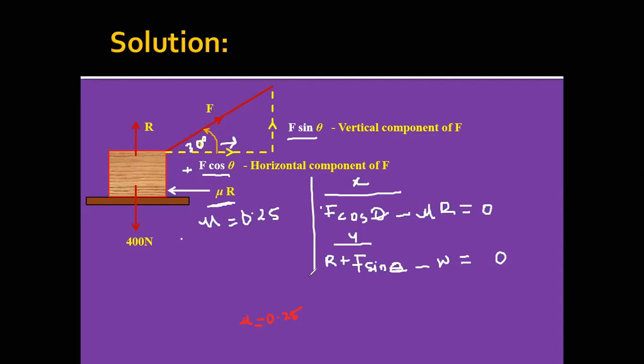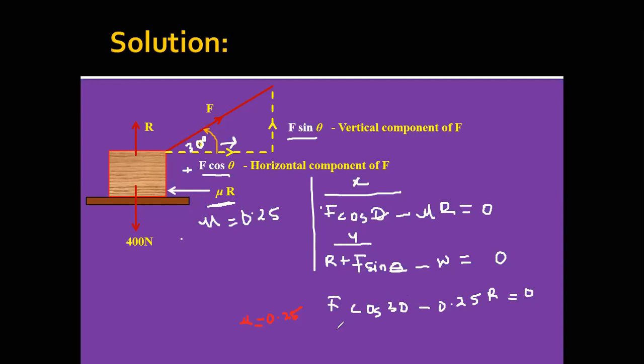So then we can input our values. This is where you come in with your calculator. So please get your calculators. If you don't have it, I will just go straight to my final answer. So we have the equations that will give us F cos 30 minus 0.25 R is equal to 0.